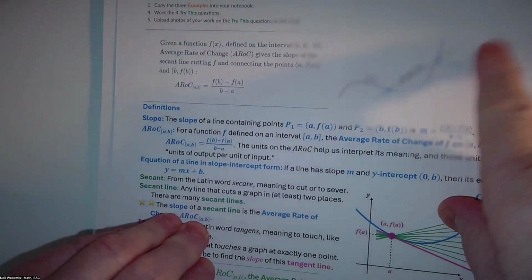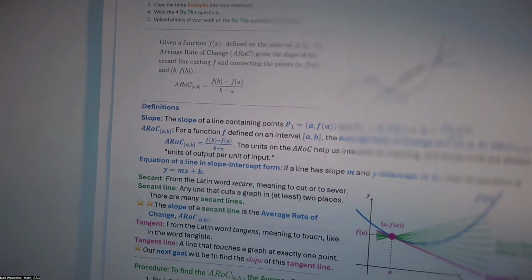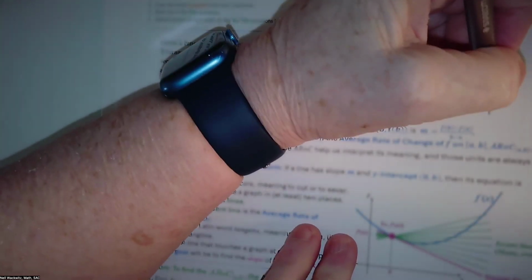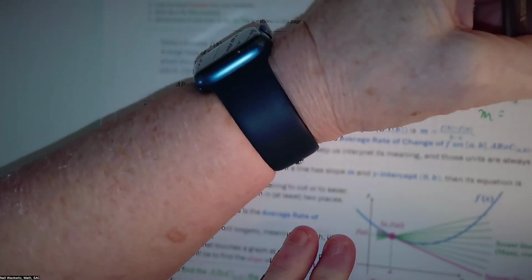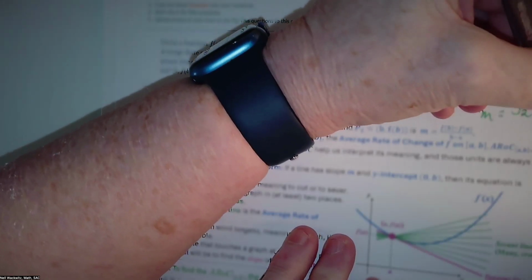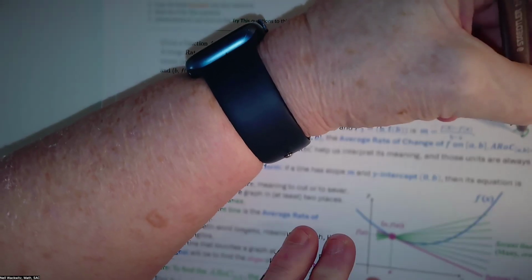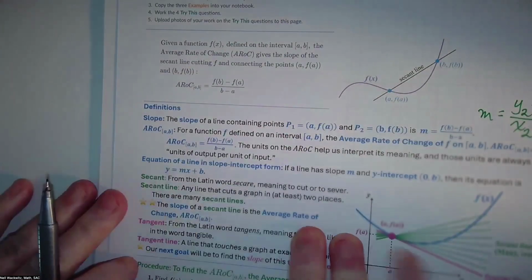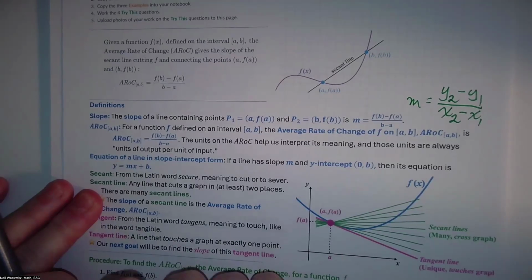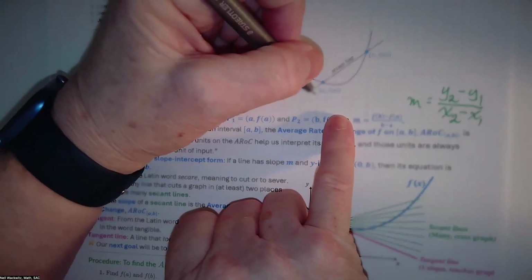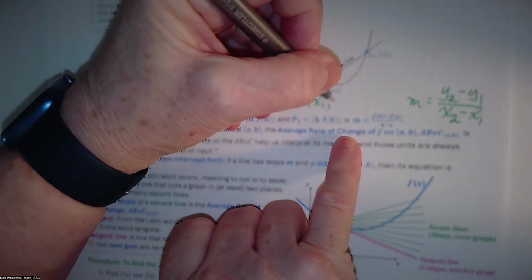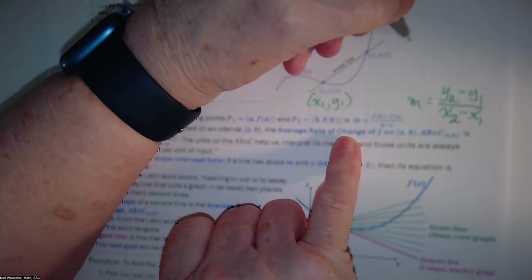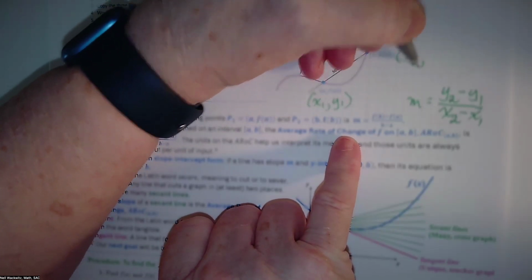The slope of a line is always y2 minus y1 divided by x2 minus x1, where we have 2 points, x1, y1, and x2, y2.